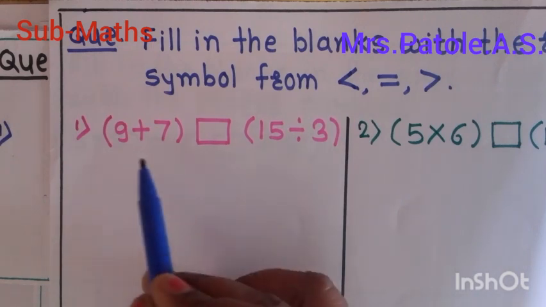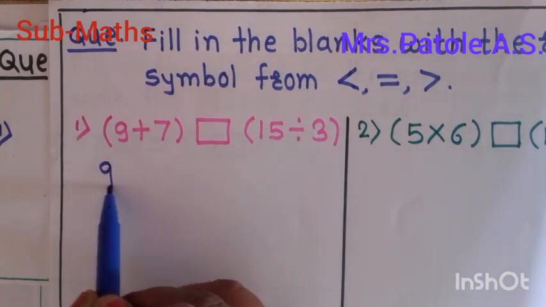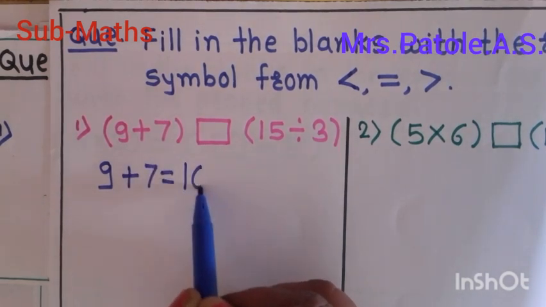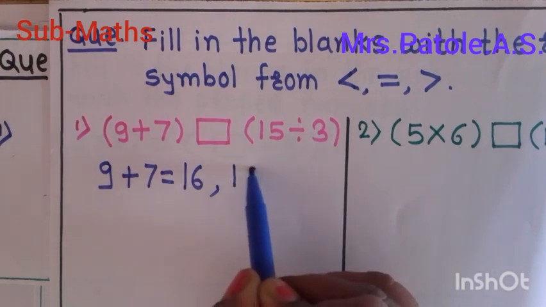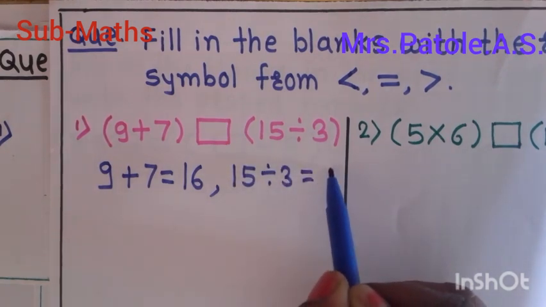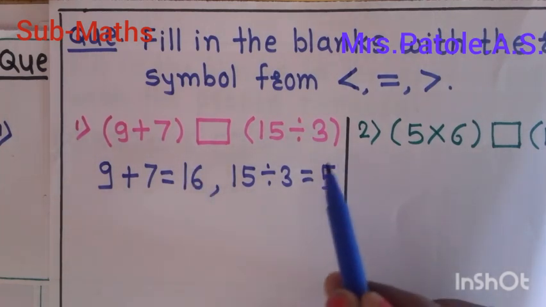So we have to find out the values of these two expressions. 9 plus 7 is equal to 16 and 15 divided by 3 is equal to 5. Here the values are not equal. The value of the first expression is greater than the value of the second expression.